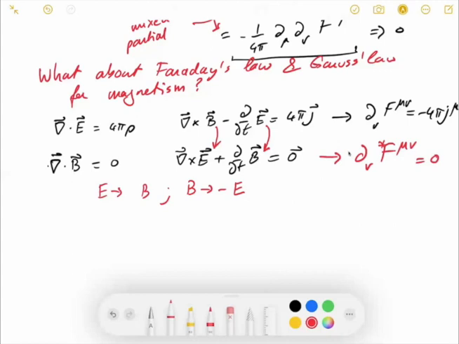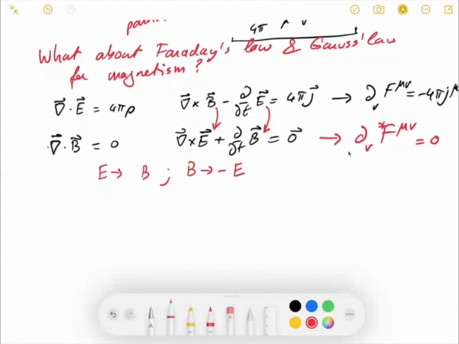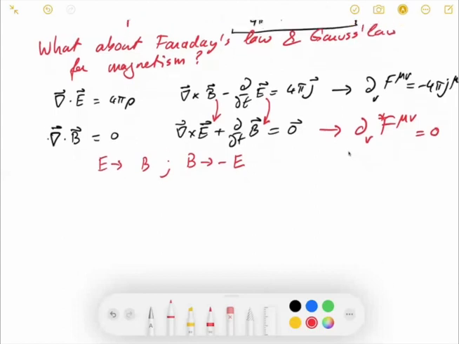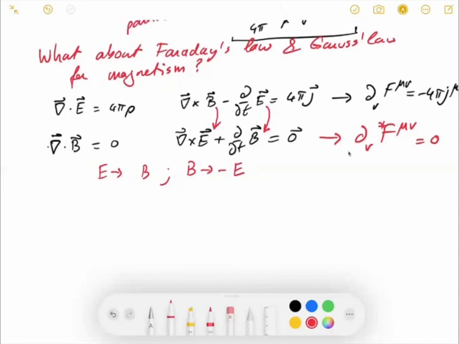I don't think it is super useful because it's not immediately obvious to me what the dual of that field tensor is, because you have to really look at the elements in order to make sense of it. So there's another way to do it. So let's walk through that.